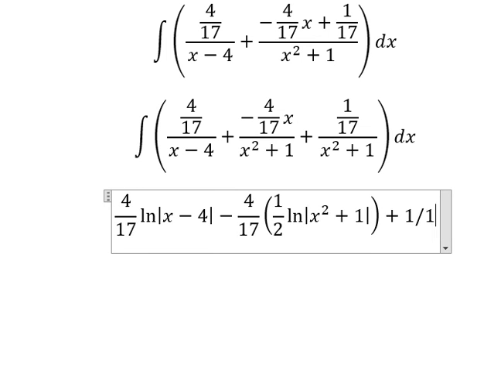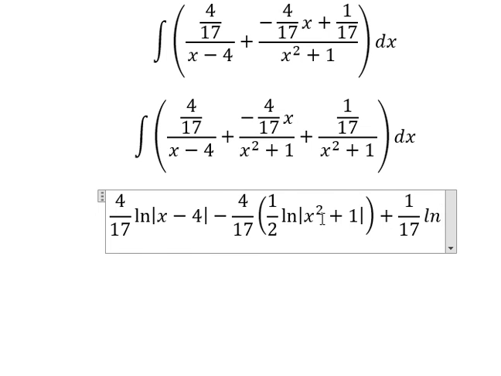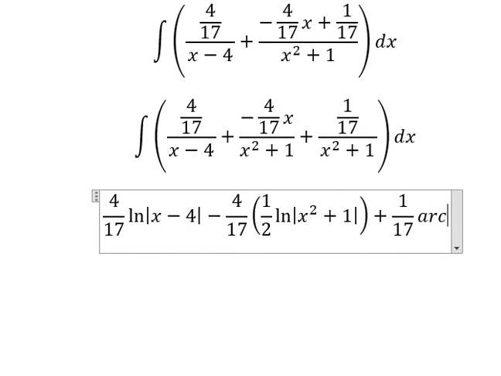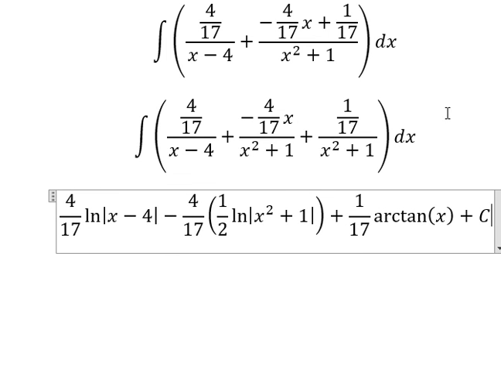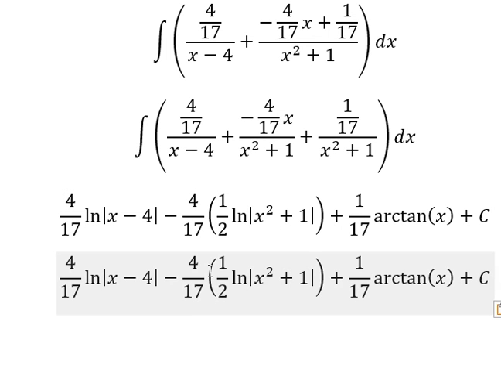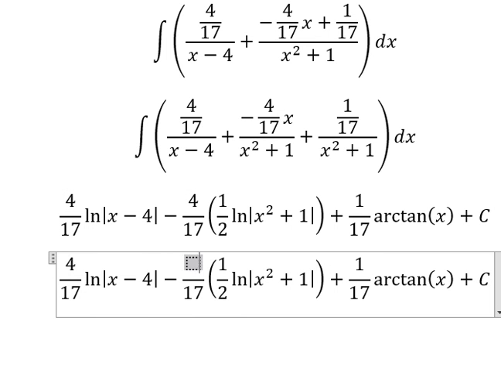The next one, that's about arctan of s, and I will put plus C. So number 4 and number 2, we simplify.